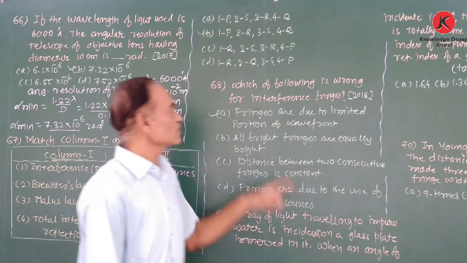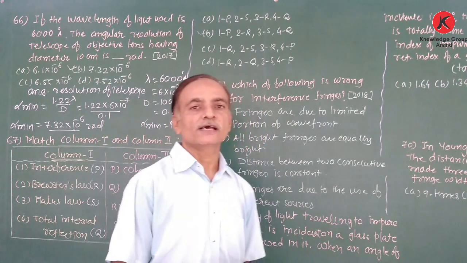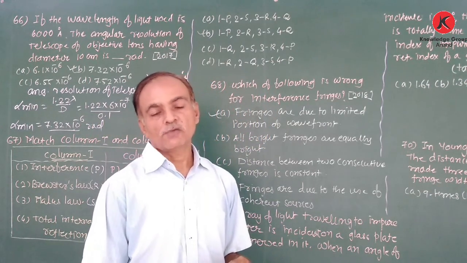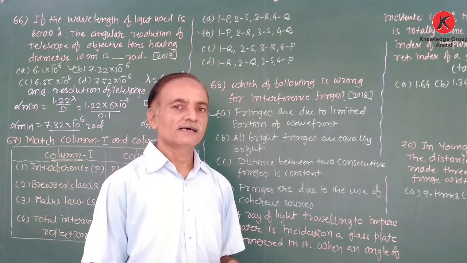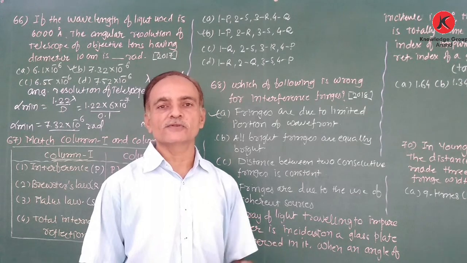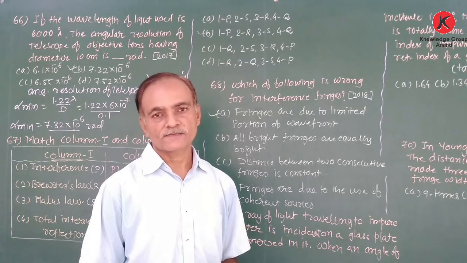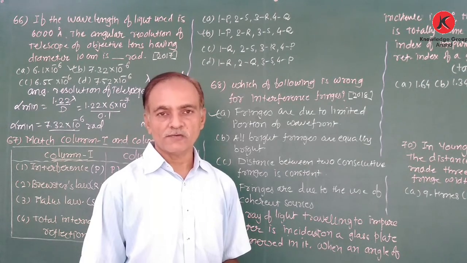Here, a limited portion of the wavefront is not used. The entire wavefront is used in superposition. While in diffraction phenomena, diffraction fringes are obtained only due to the diffracting portion of a wavefront.